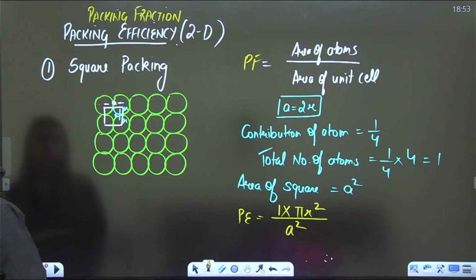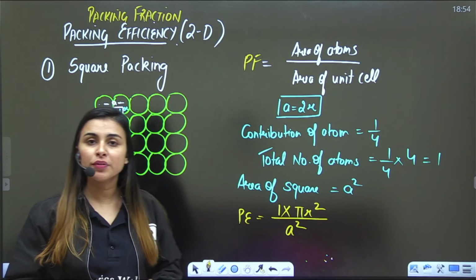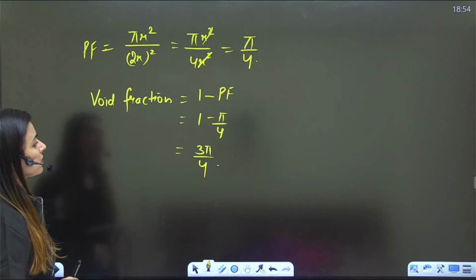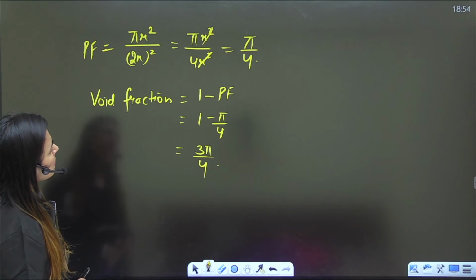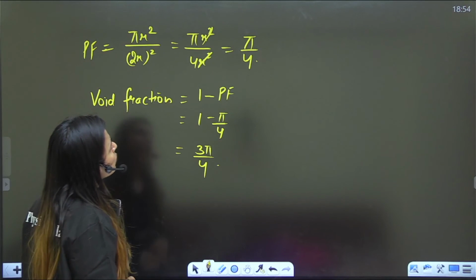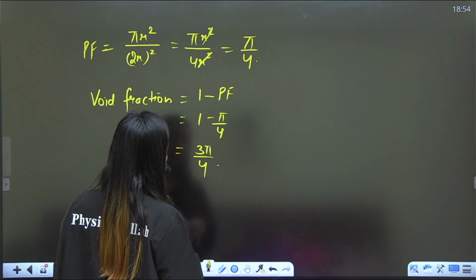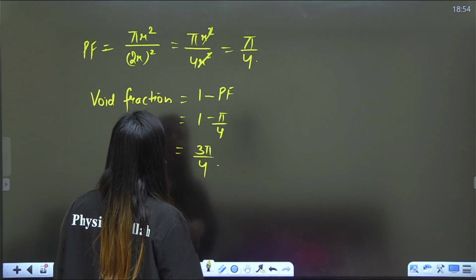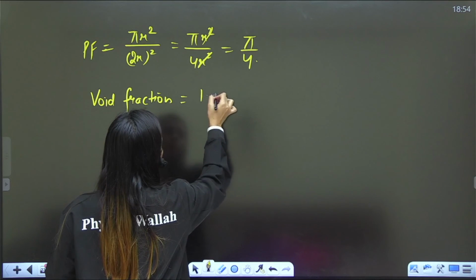You can just pause the video, write it down, and then we'll move forward. I hope you've written it down. Perfect. You can write this down as well. The void fraction is 1 minus the packing fraction.